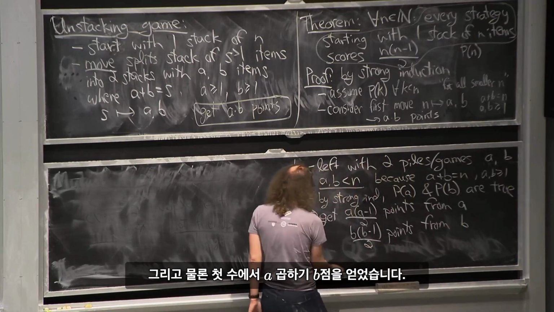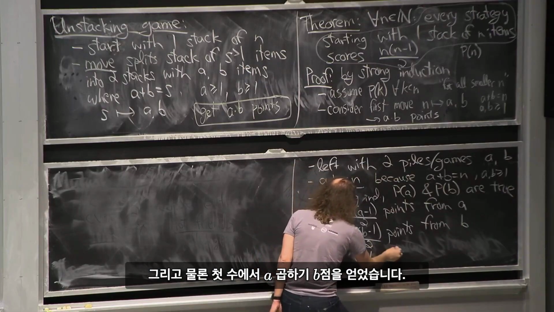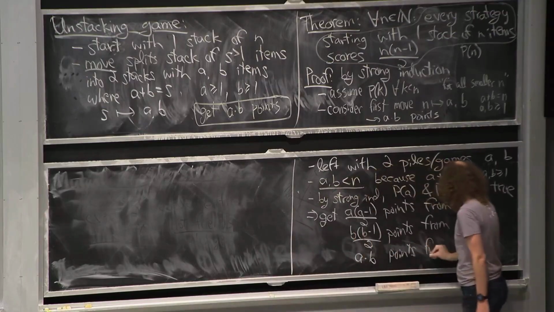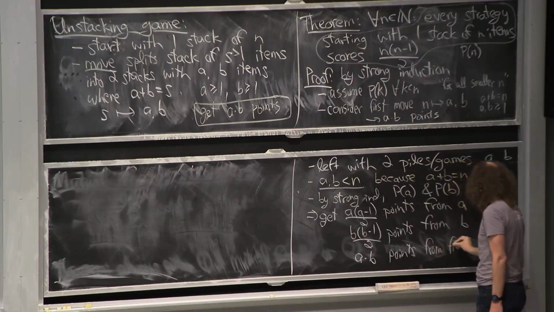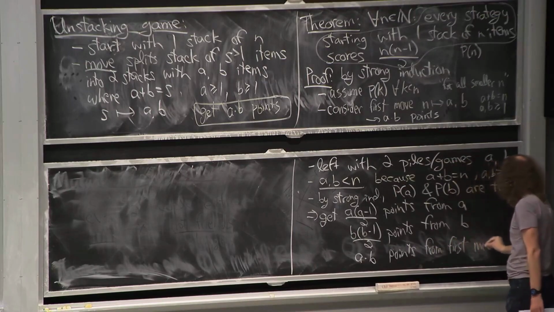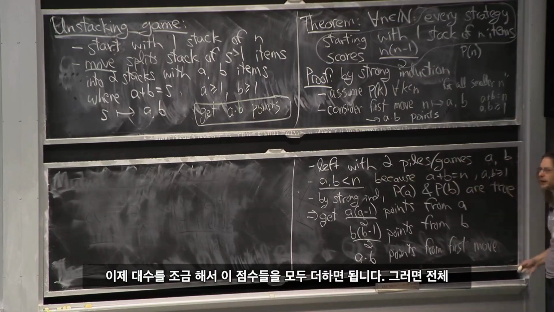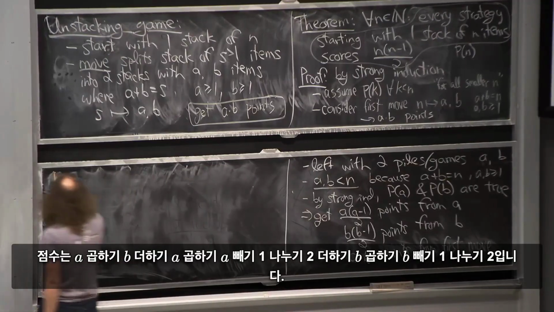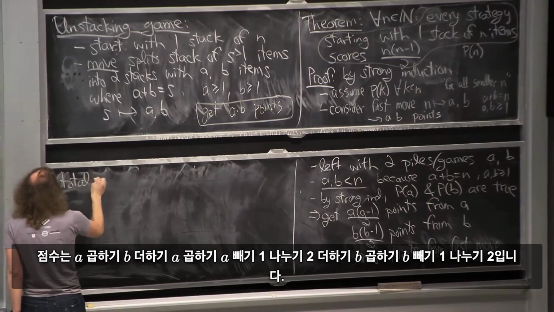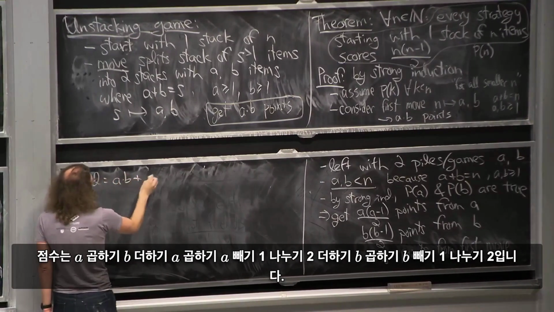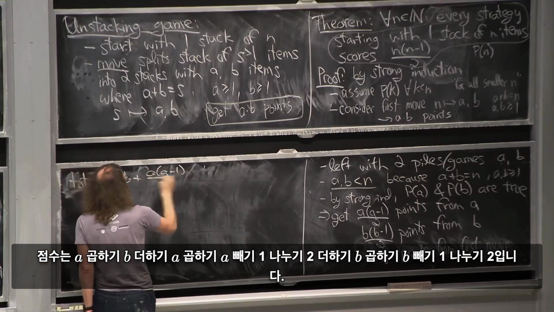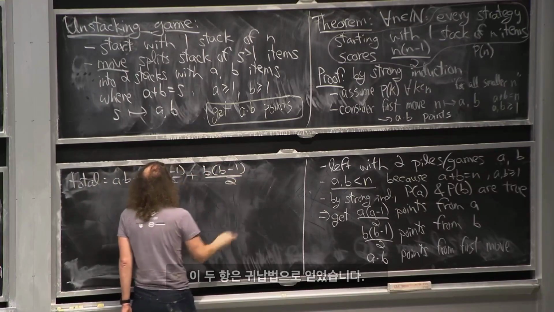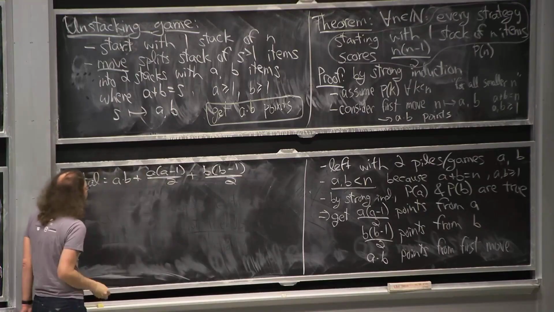And then, of course, we got A times B points from the first move. Now we just need to do some algebra and add up all these points. So the total number of points is A times B plus A times A minus 1 over 2 plus B times B minus 1 over 2. These two were by induction. This was the first move.